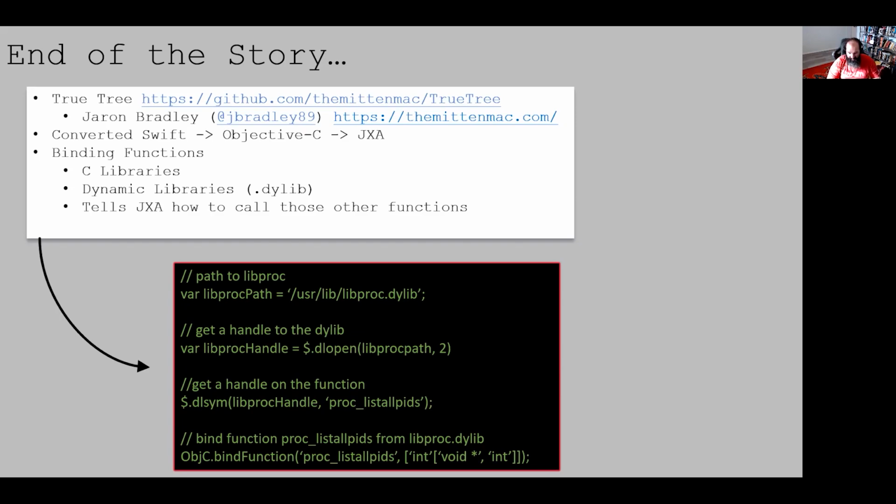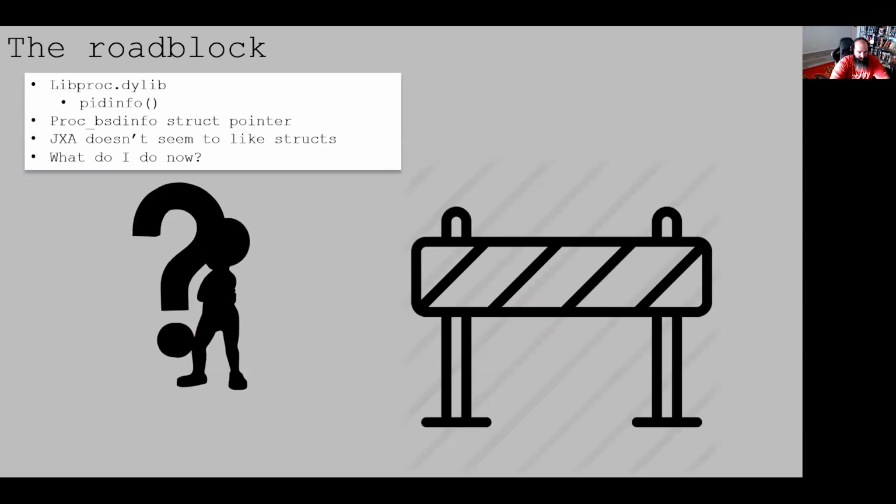So yeah, this really allowed me to dig into the OS processes, but I got stuck. But I really did find some really cool stuff my team can do on red team operations, but I was unable to complete what the original task was, at least up to right now. And the reason is that the most important function that I need from the libproc C library, in this case from libproc dylib, is the function proc_pidinfo.